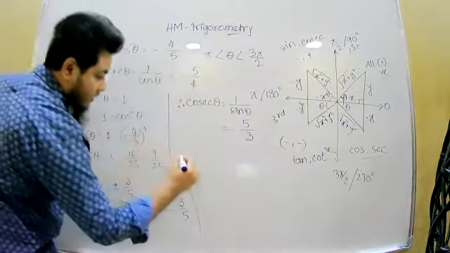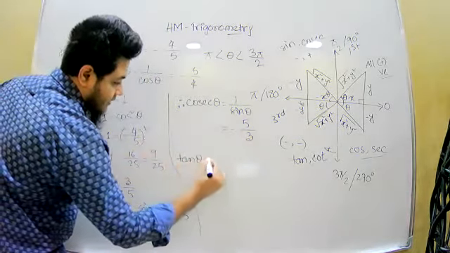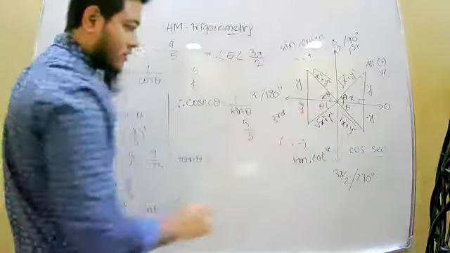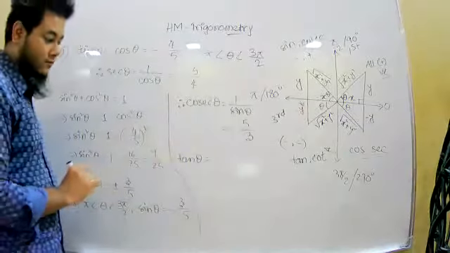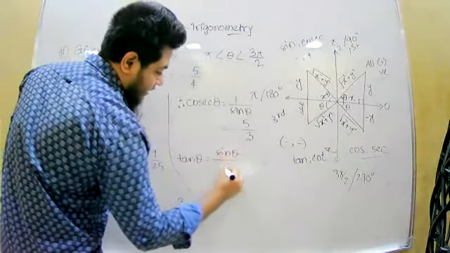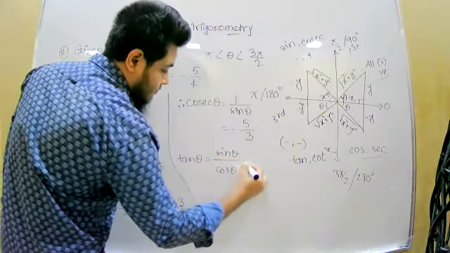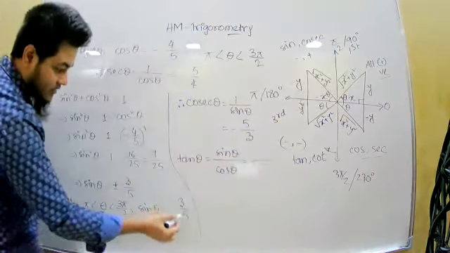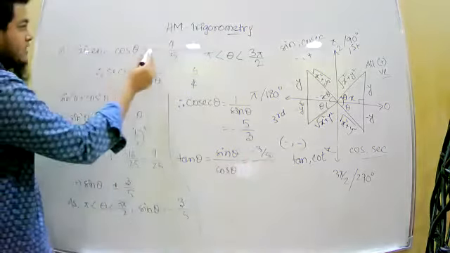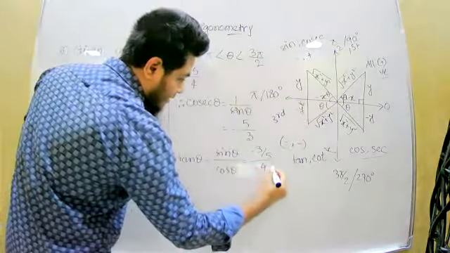So how to find tan theta? We know that it is supposed to be positive, right? Because we are in the third quadrant, and cot theta also will be positive. We will see how it happens. We know that tan theta is equal to sin theta by cos theta. So sin theta is minus 3 by 5, and cos theta is minus 4 by 5.